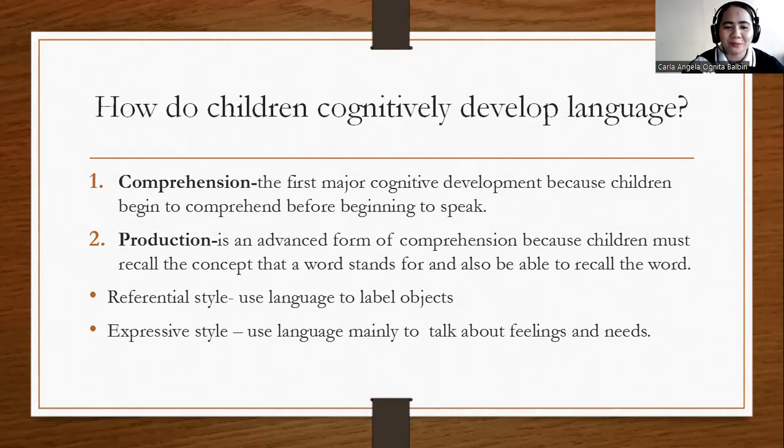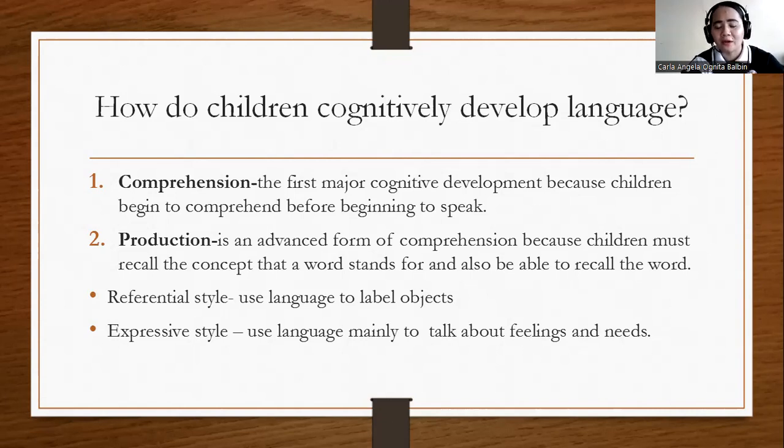The number two is production. It is an advanced form of comprehension because children must recall the concept that a word stands for, and also be able to recall the word. So in production, there are actually two important things: the referential style and the expressive style. These two have something to do with the two main areas of language that I discussed a while ago.